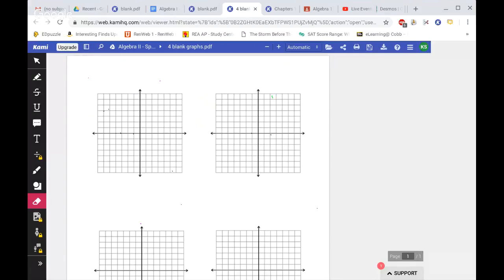Yes, I would definitely use graph paper for this. I'll share this on Google Classroom. It comes with 4 blank graphs, so you don't have to draw each one, but regular graph paper is fine as well.